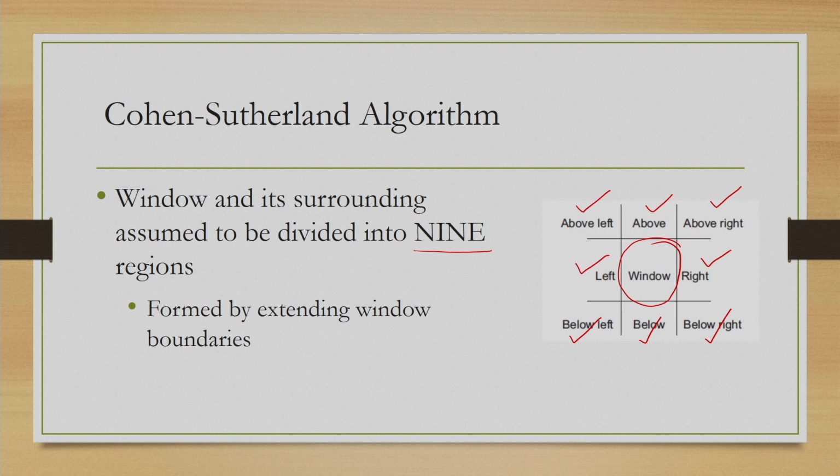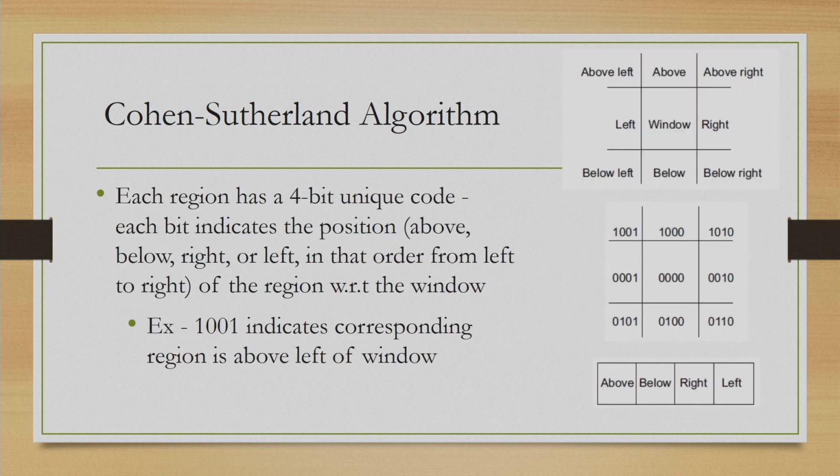So, this is the first assumption. Then what do we do? We assign a code to each of these regions. Now, there are 9 regions, so we require 4 bits to represent all the 9 regions, which is very obvious, and each region is given a unique 4-bit code. Each bit indicates the position of the region with respect to the window.